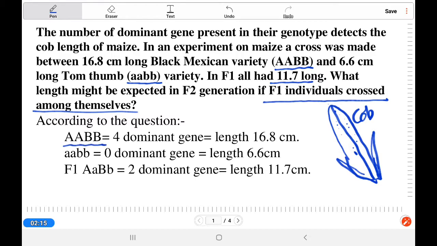When four dominant genes are there, the length is 16.8, and when no dominant gene is there, the length is 6.6. It means that even when no dominant gene is there, a certain length is there. So we have to calculate the length per dominant gene.